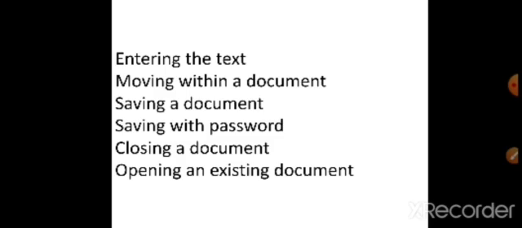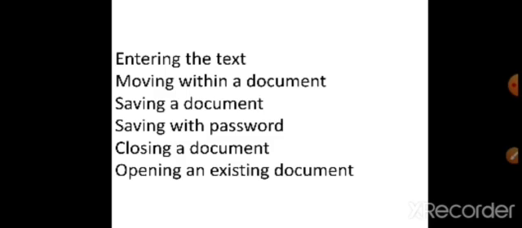If you want to protect your document with a password, before clicking the Save button, you have to click the Save with password checkbox. Then click the Save button. It shows the Set Password dialog box.